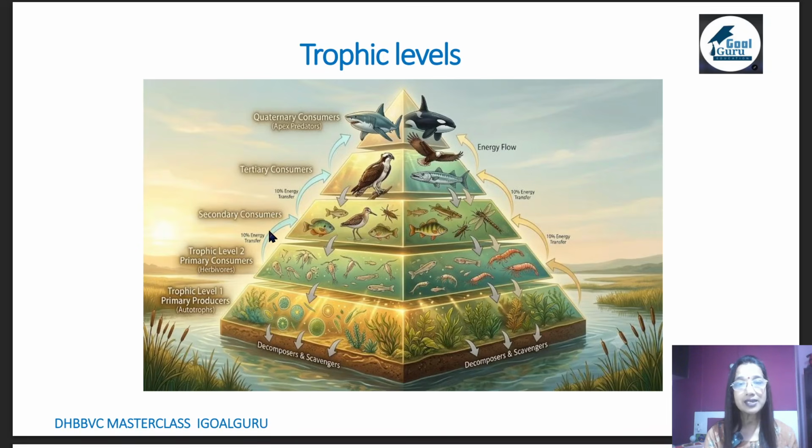Now these secondary consumers, what do they do? They eat the herbivores. So these secondary consumers which eat the herbivores include the frogs, the fish, okay? They include the frogs, the fish, also small carnivores.